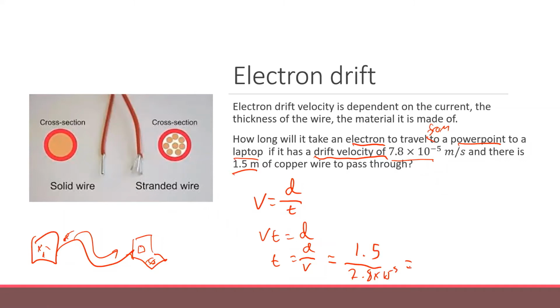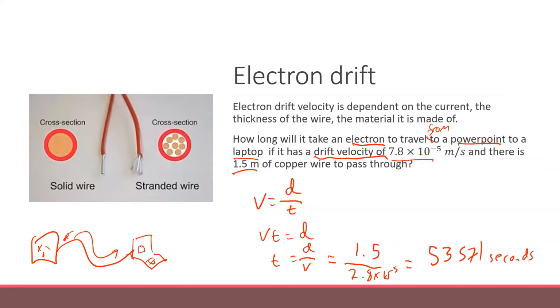If I shove that in my calculator, 1.5 divided by 2.8 times 10 to the negative 5 gives us 53,571 seconds.